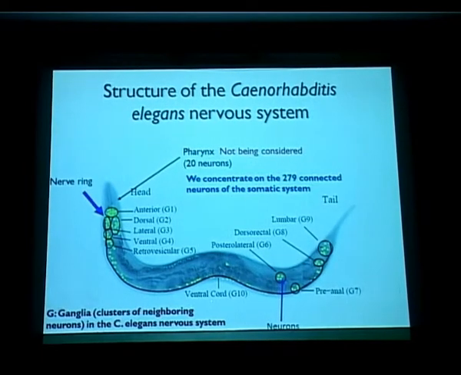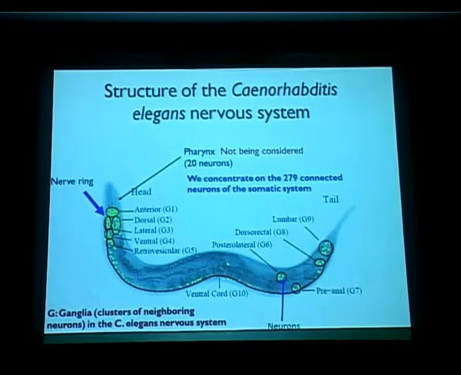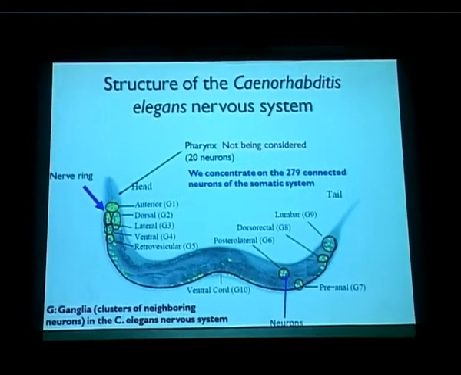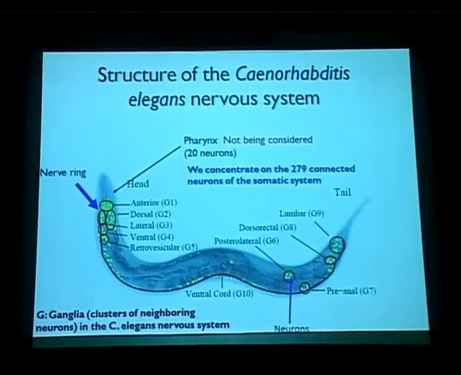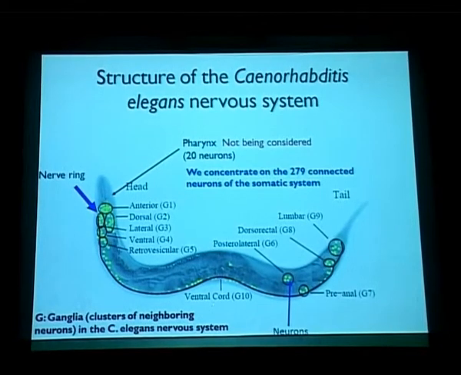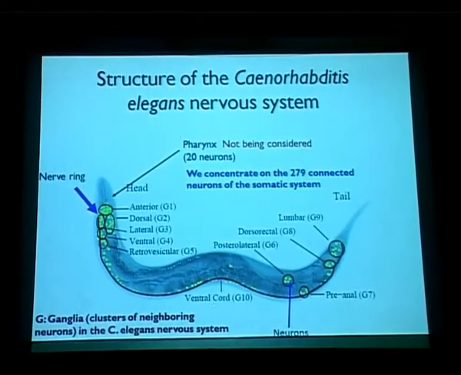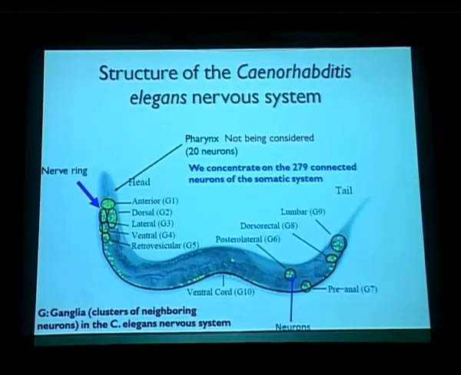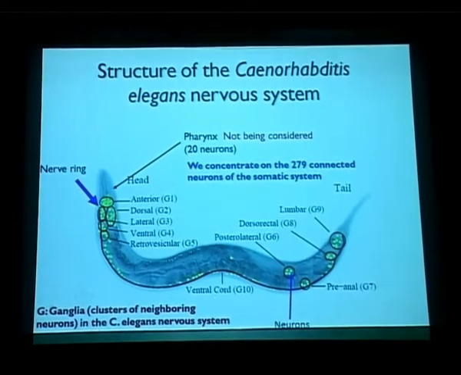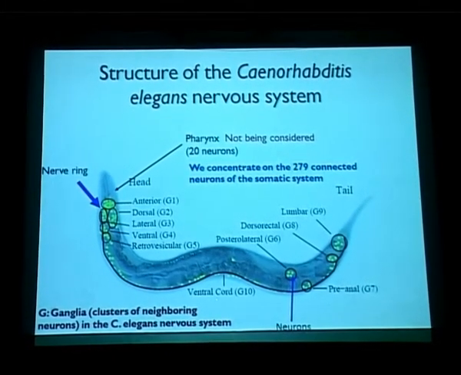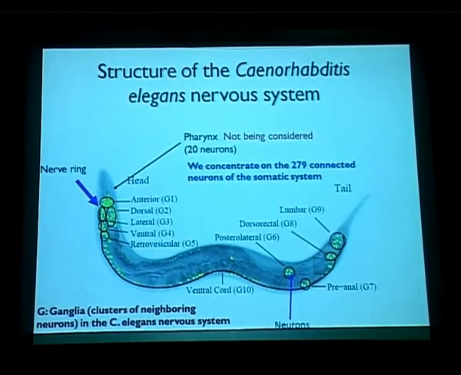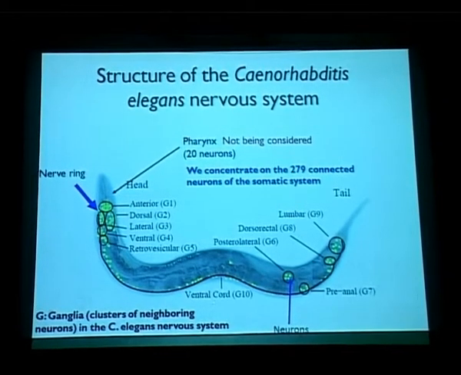As we know, the great thing about the structure of C. elegans is that it has only 302 neurons, out of which the number of neurons in the somatic nervous system is 279, and it's mapped out. So the connectivity among the neurons is known.